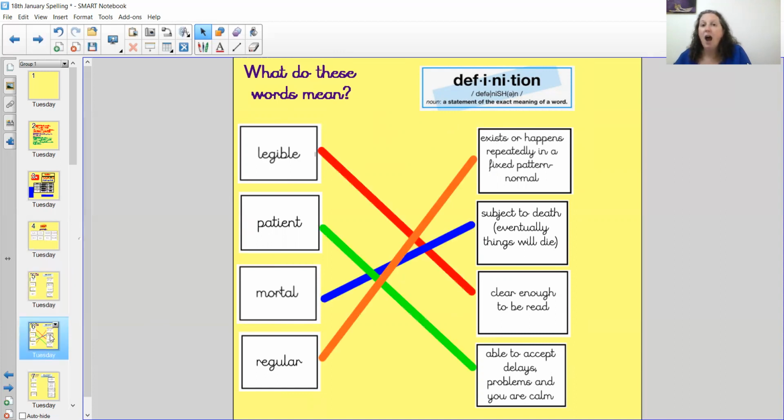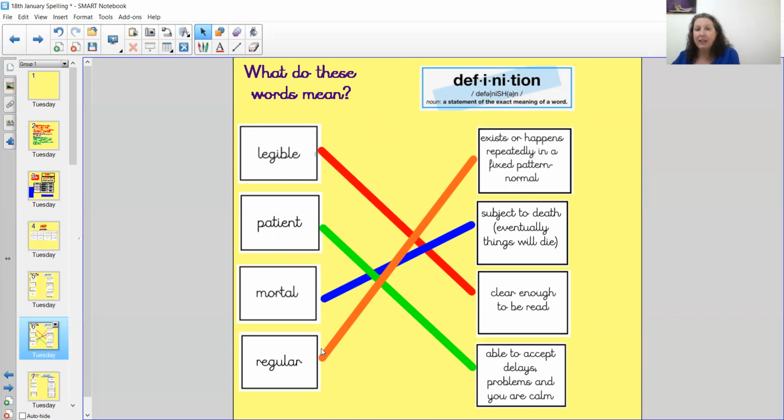Okay, so hopefully this is how you managed it. Legible means that it's clear enough to be read. Patient means that you are able to accept delays or problems and that you keep calm. Mortal means that you are subject to death, which means eventually things will die.